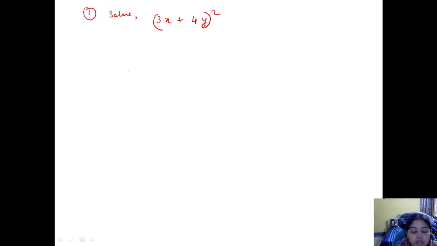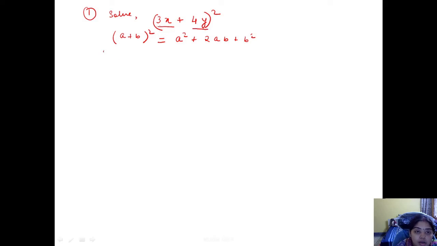You have to solve this. So what will you do? We will be using the formula for (a plus b) whole square. What is (a plus b) whole square equal to? It is equal to a square plus 2ab plus b square. Here, which one is your a? This one is your a and this one is your b.